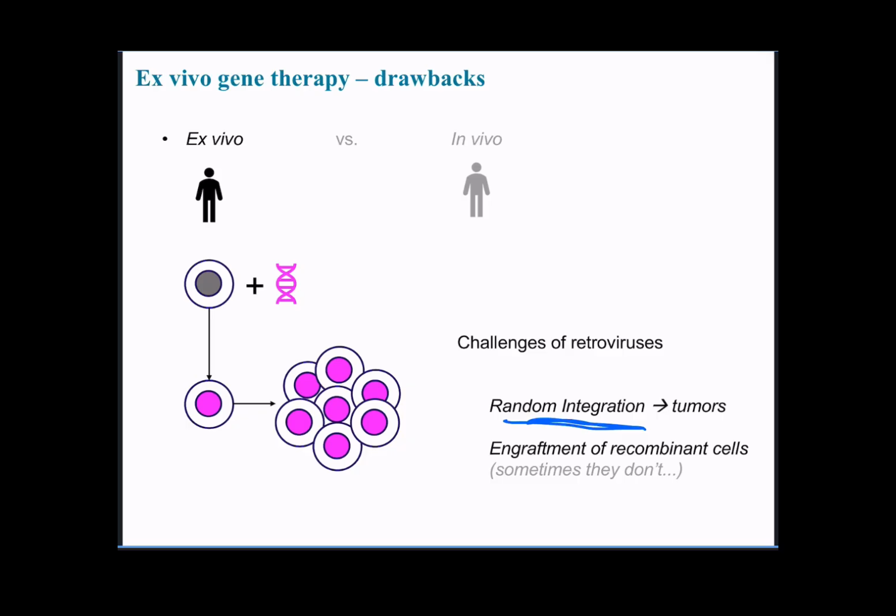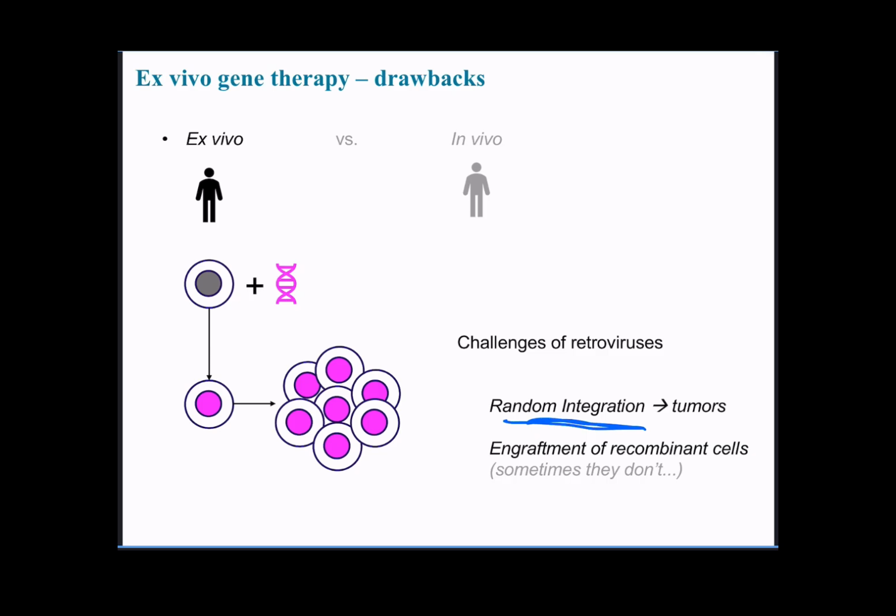And in fact, things are changing, but that has been one of the things that has kept gene therapy as an approach to medicine sort of in check for decades.